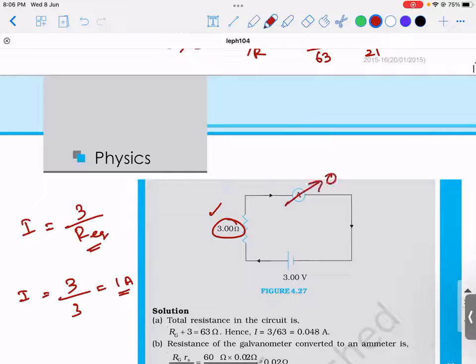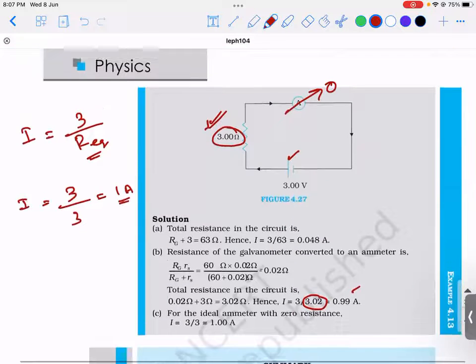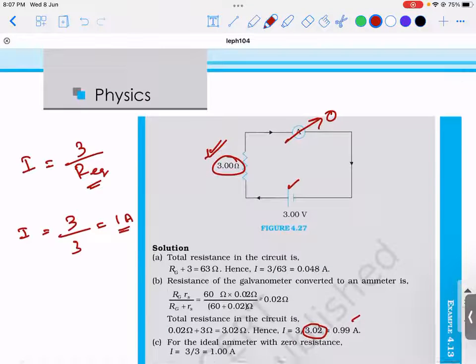Now this resistance would have been 0, so the whole voltage will pass through this resistance. Had it been an ideal ammeter, its resistance would have been 0. That is what they meant.